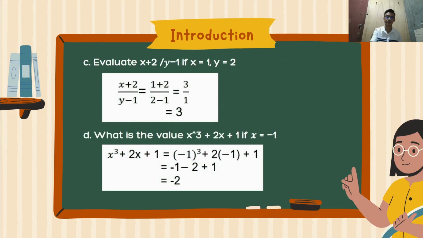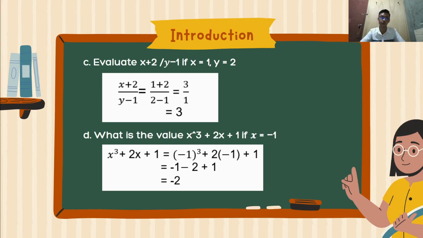On the next slide. Now, let's evaluate x plus 2 over y minus 1 if x is equal to 1 and y is equal to 2. As you can see in the solution, x plus 2 over y minus 1 is equal to 1 plus 2 over 2 minus 1.